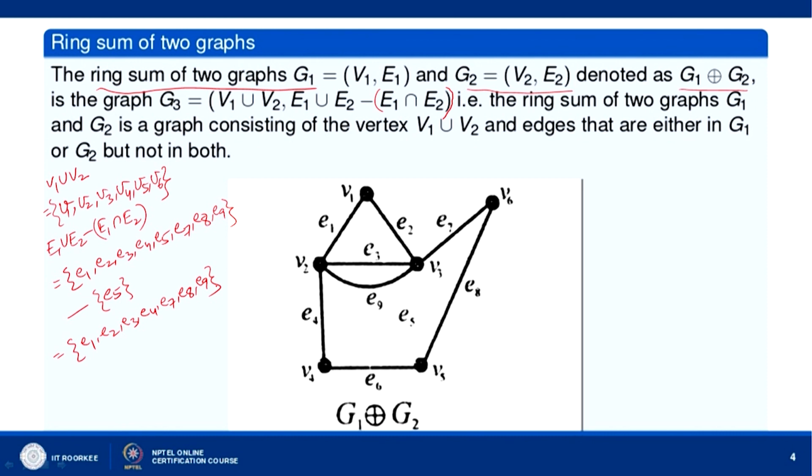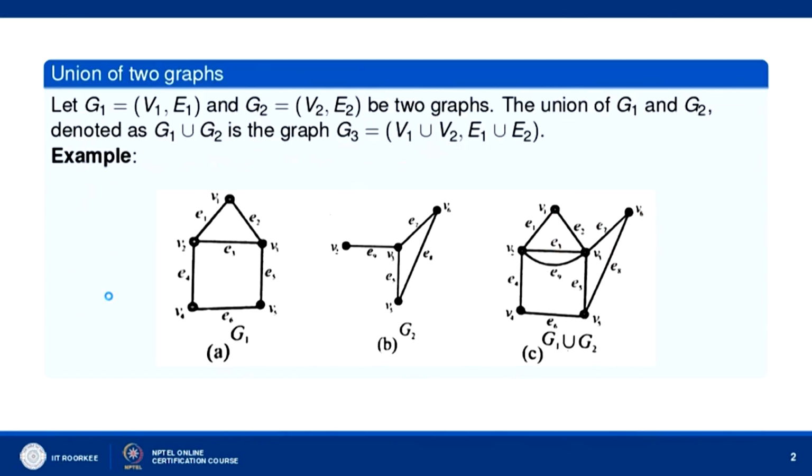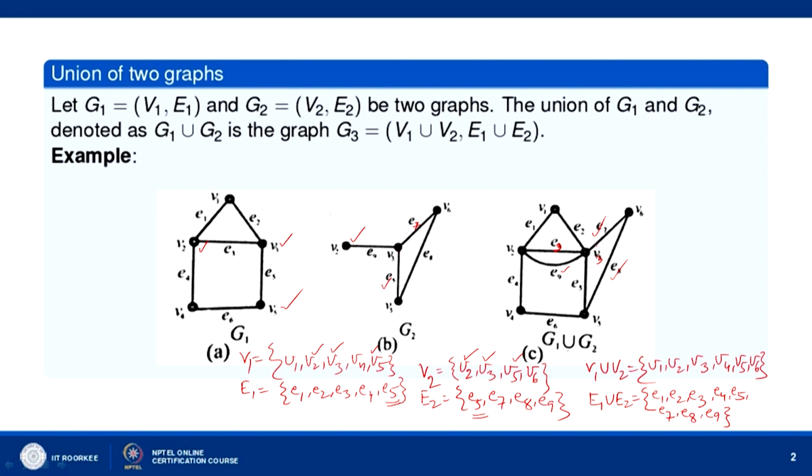So, we have all vertices B1 B2 B3 B4 B5 B6, all of them are there. From E1 union E2 we just have to remove E5.